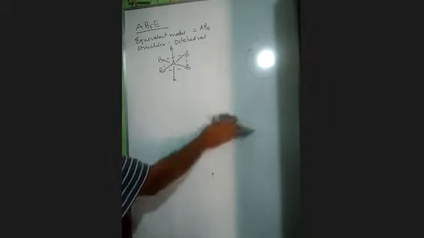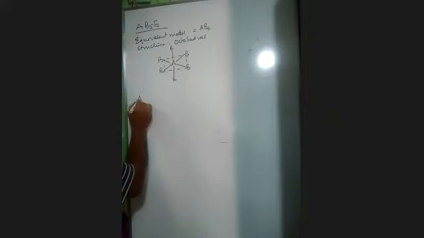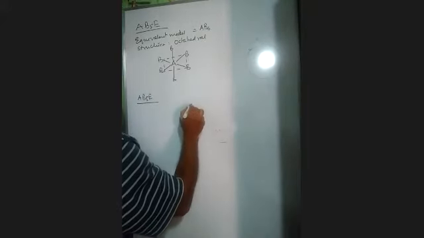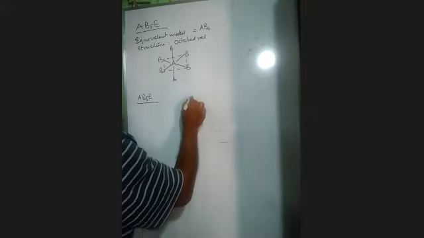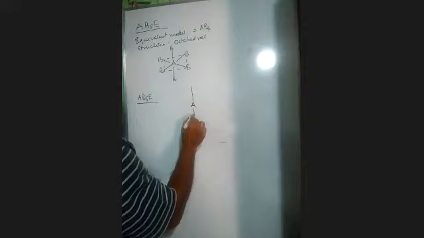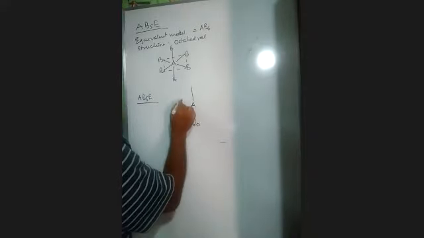So in this case, what will be the structure of AB5E? Let me replace it from the bottom. So this is the lone pair.